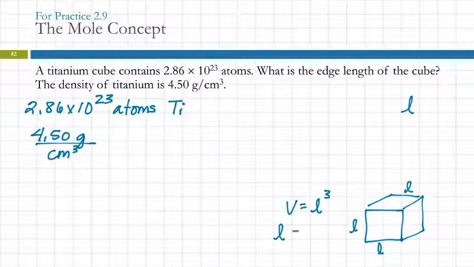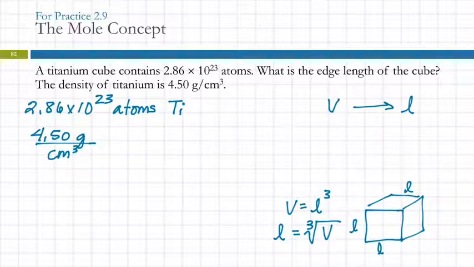To find the length, I would take the cube root of the volume. So here, I need to find volume. The conversion factor here is an equation. It's not just some fraction thing. We actually have to use the equation.